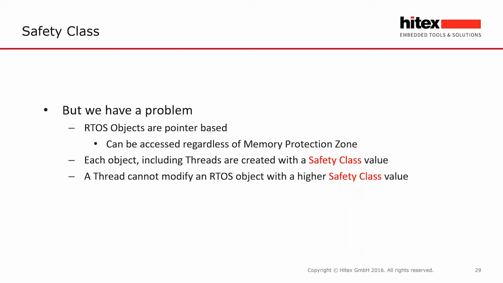So basically a safety class is simply a number, and we allocate each thread a safety class value, and a thread cannot access or modify an RTOS object if it has a higher safety class value. So again, we're restricting what each thread can access.